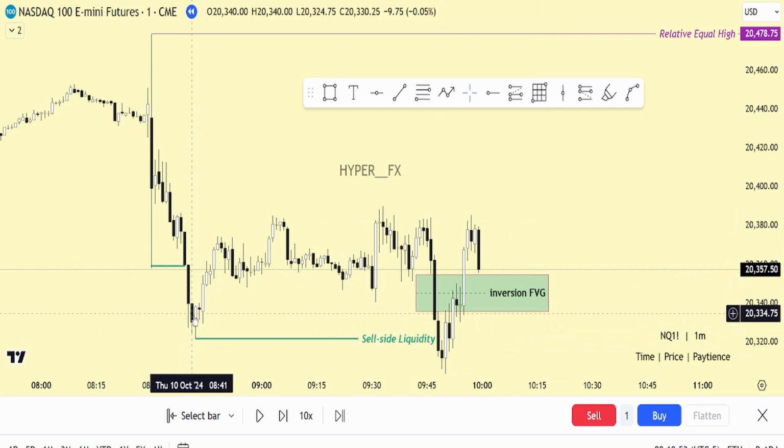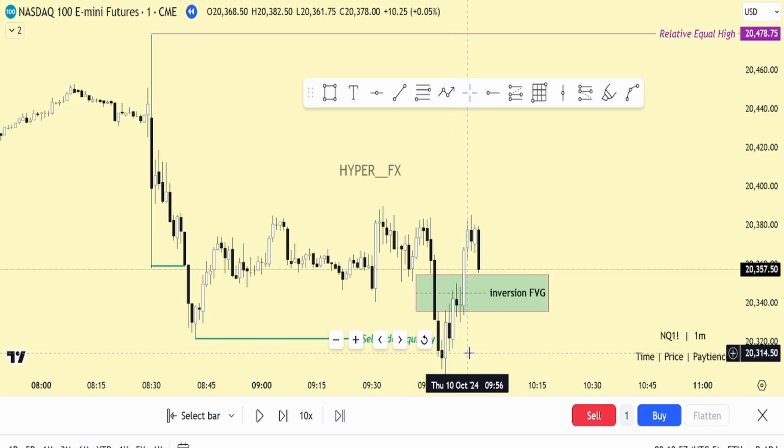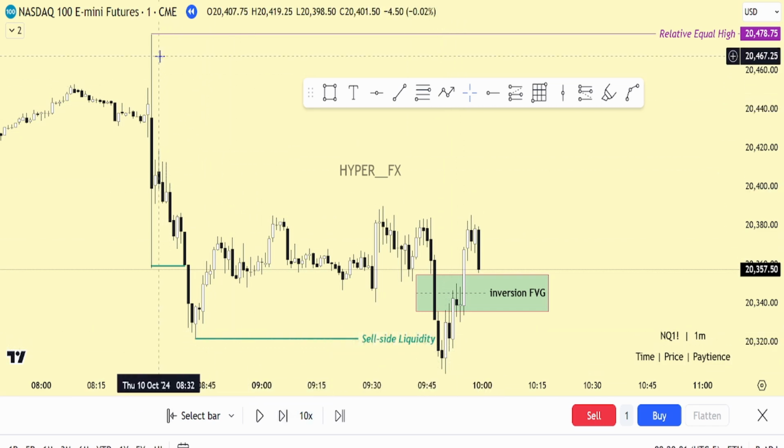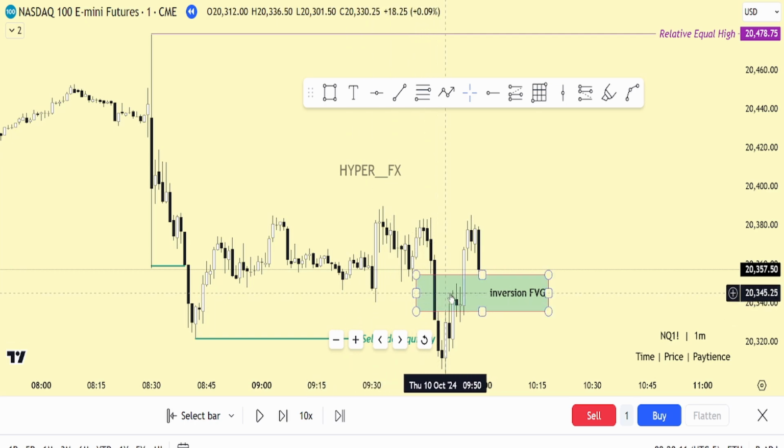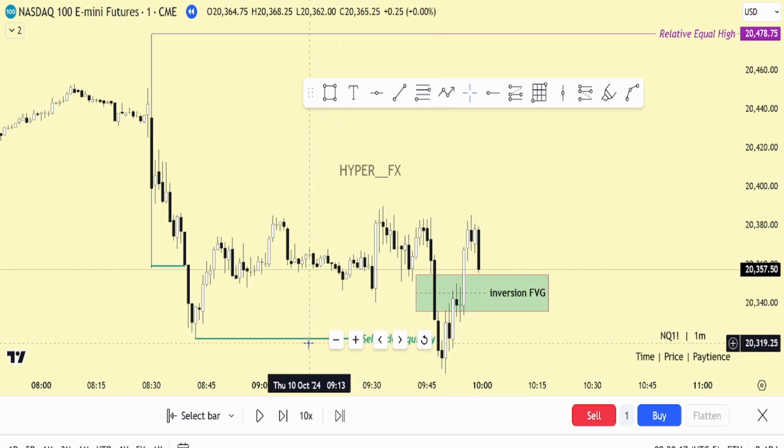So price has taken out this low here and engaged it like this. So we are expecting price to target this high. Why? Because this high is still open and it is yet to be engaged. So this is a fair value gap that was formed when price took out this low.